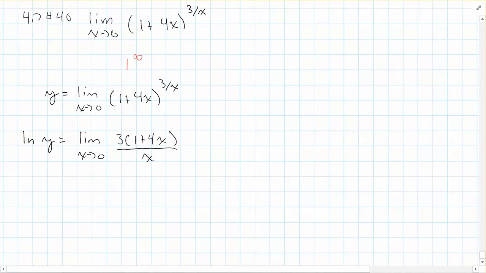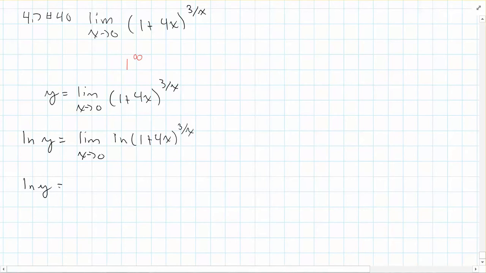Over x. Well, here, that's wrong. Let me erase that. Sorry. So we have, I was trying to do too many things at once here. So we take the natural log of both sides, and you'd have the limit as x approaches 0, the natural log of 1 plus 4x to the 3 over x.